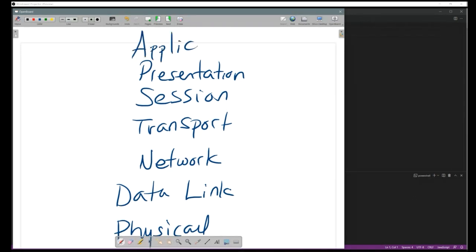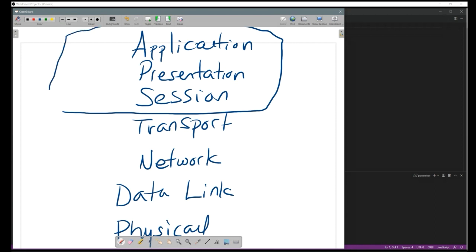So this is the OSI model, and then essentially the TCP/IP model just groups these into the application layer. But there weren't that many protocols that were just presentation or just session. So as the internet evolved, we just combined these 3.